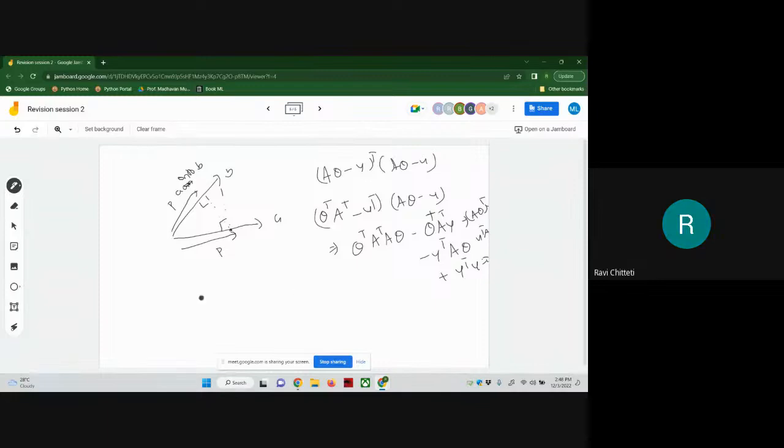So basically these two are the same, and I can write this as minus two y transpose A theta.